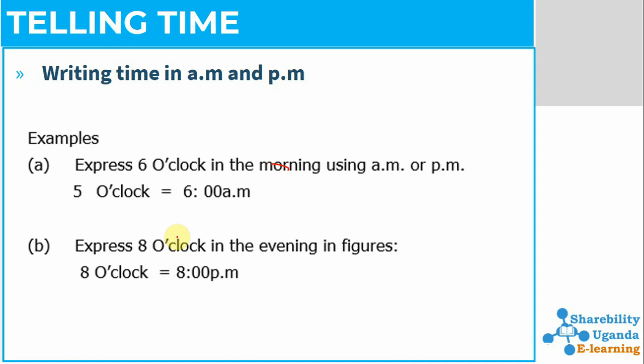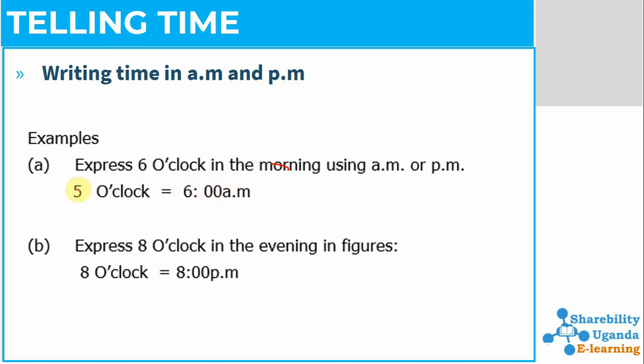So this means if we have been given 6 o'clock in the morning, that was from night up to midday. All that duration is going to be AM.